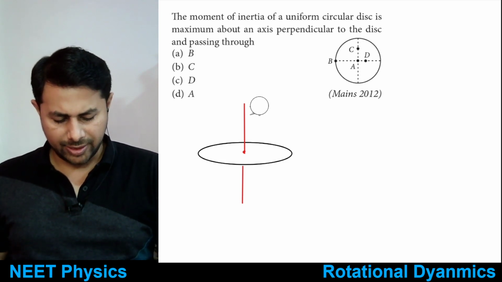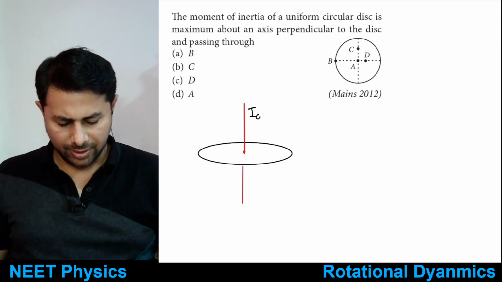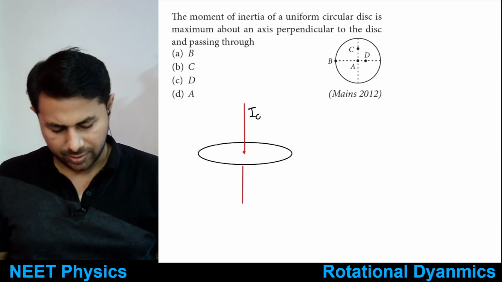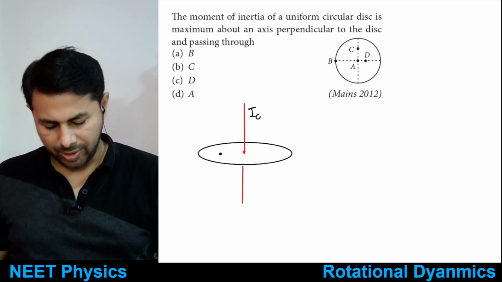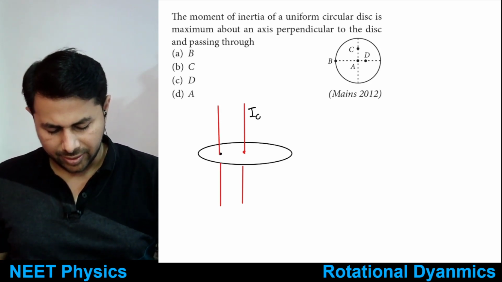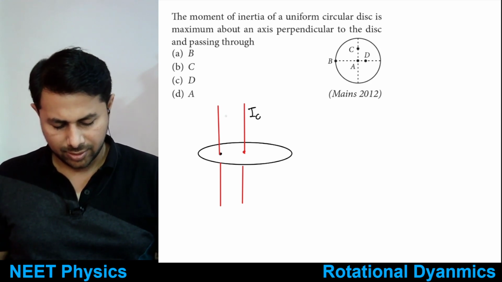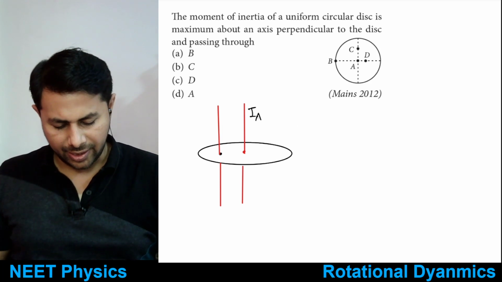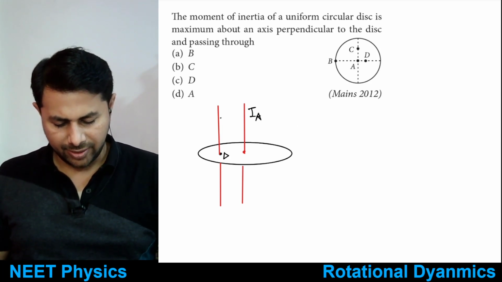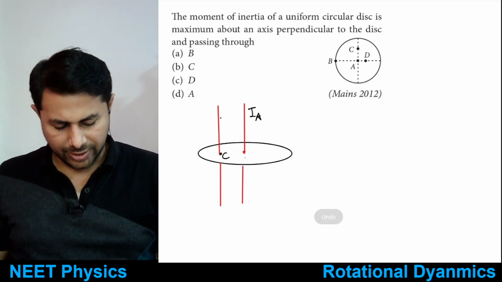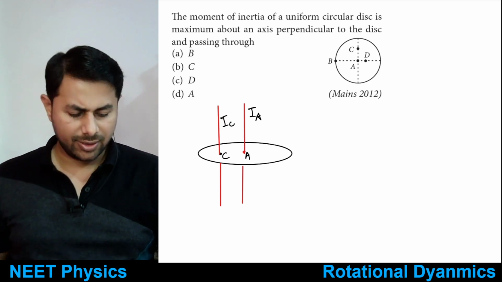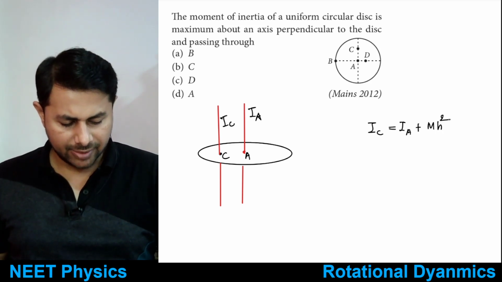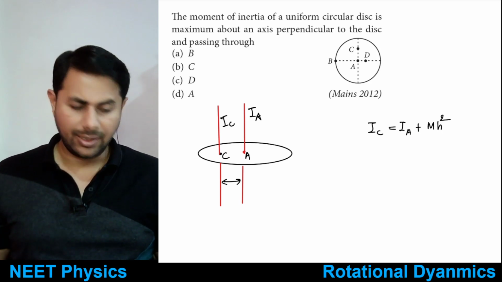The moment of inertia about this axis would be IC. Then you have some other point, let's say C, at this much distance. So the moment of inertia about an axis passing through this point C would be IC, which is equal to IA plus M multiplied by H square, this distance squared, right?